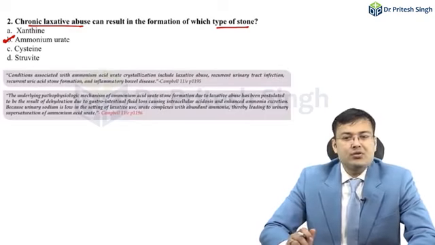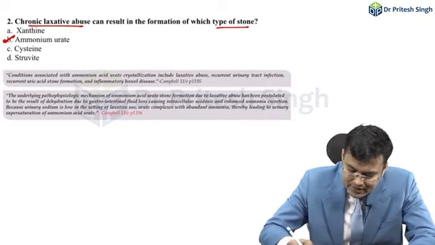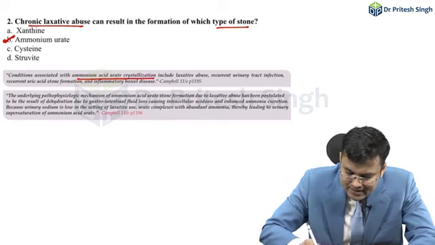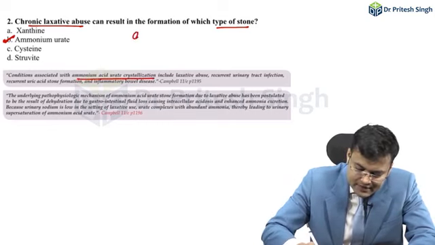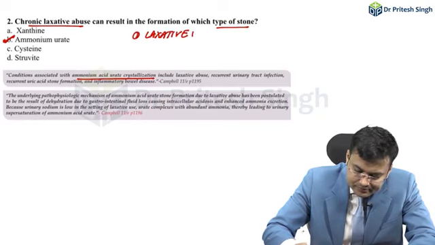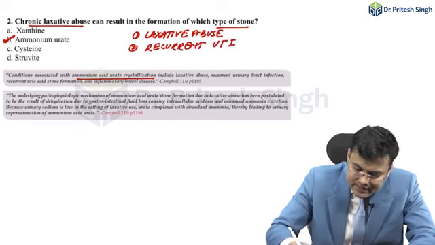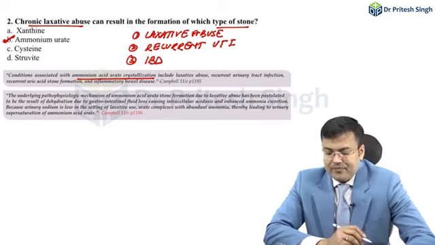Conditions associated with ammonium urate stone formation or ammonium acid urate crystallization include, first is chronic laxative abuse, recurrent UTI, recurrent uric acid stone formation and inflammatory bowel disease.